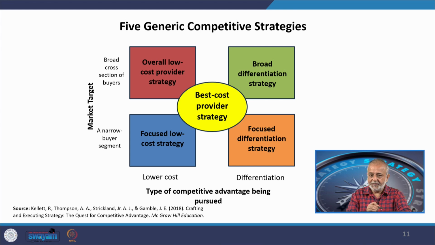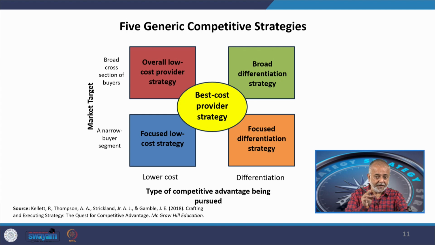On the horizontal axis, the type of competitive advantage being pursued: lower cost is the first element, and differentiation is the second element on this axis. Now, look at these blocks, this model, the quadrants, and you would realize that if we are going for a narrow buyer segment and lower cost, it is a focused low cost strategy.